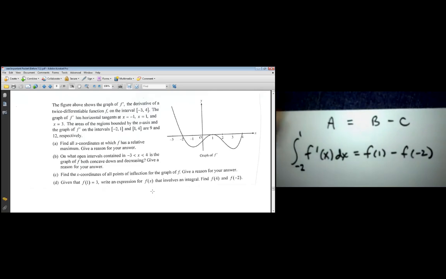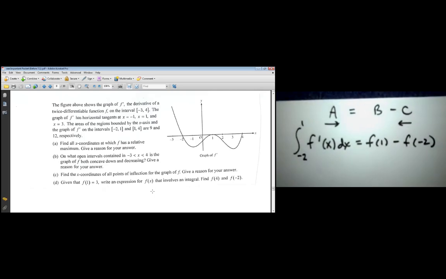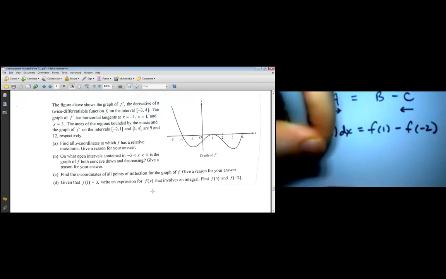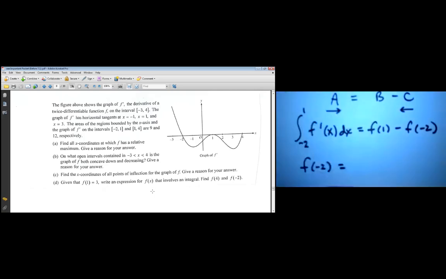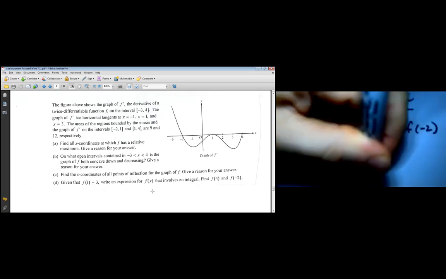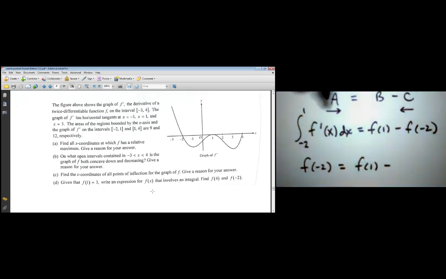So does it make sense to say, I'm going to move the c to the left, and I'm going to move a to the right? That would give me c equals b minus a. Does anybody have any questions on that logic? So if we do that, this gets added over, it's f of -2 is equal to f of 1 minus the part that's represented by a, which is that whole integral.